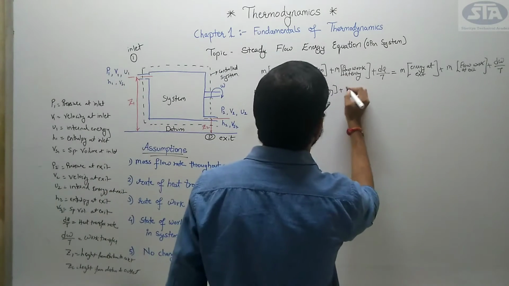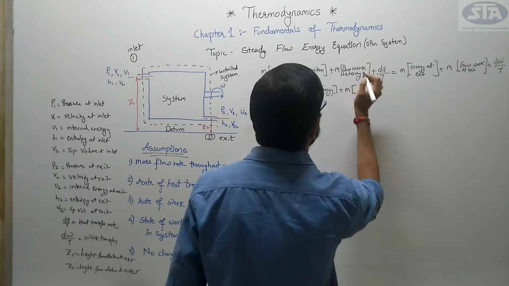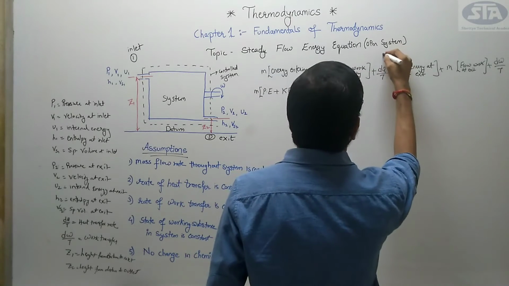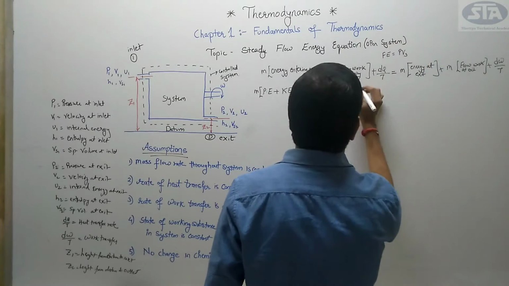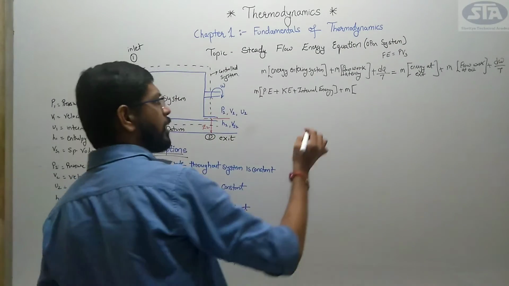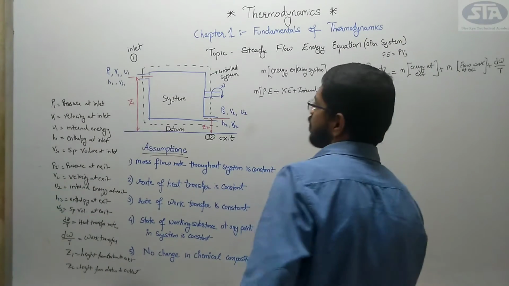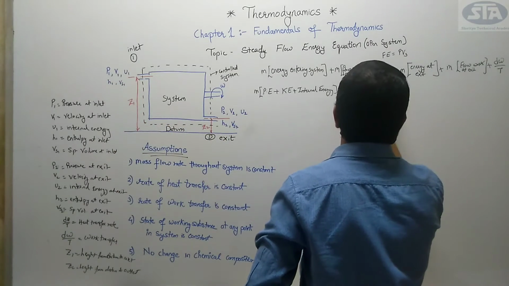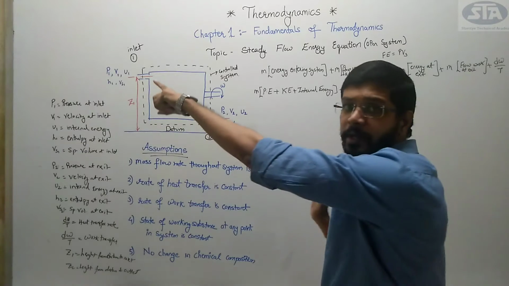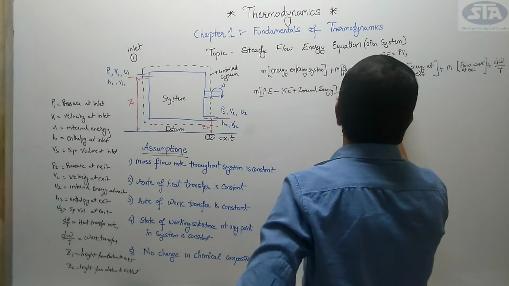Next, the flow work we have defined in the previous lecture. What is flow work? Flow energy was pressure into the specific volume. So we write here P1 and Vs1 because this is the flow work at entry point, right?